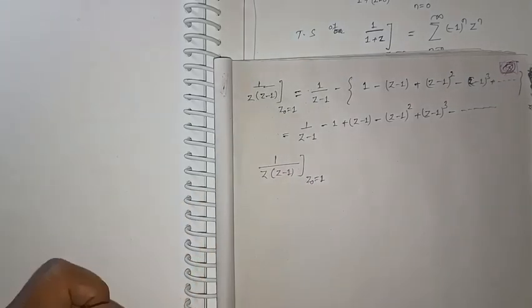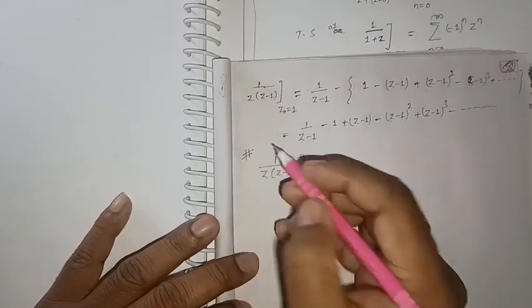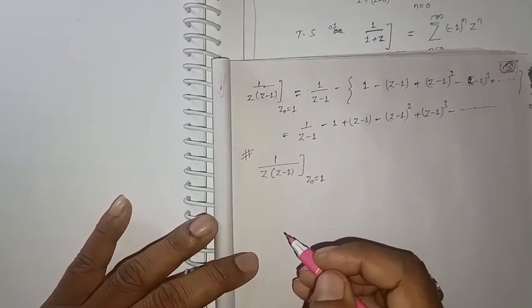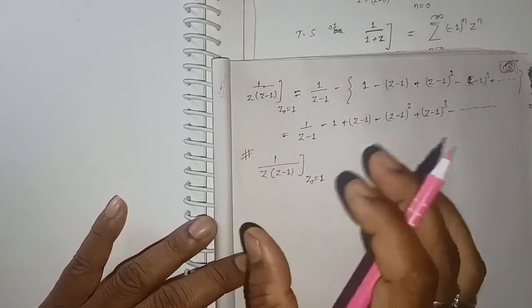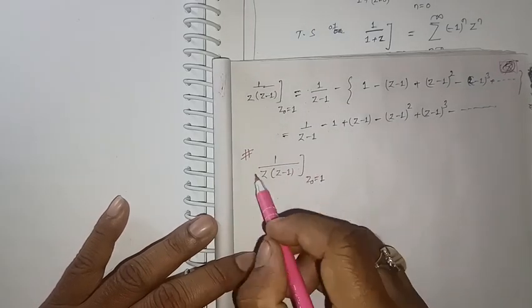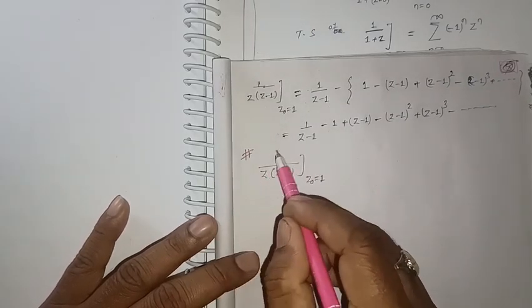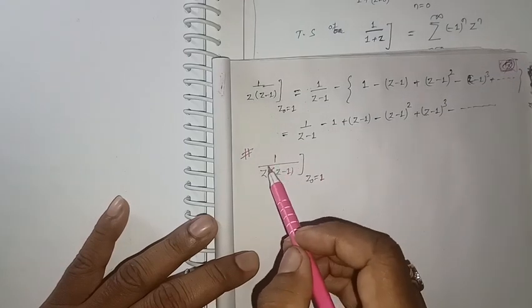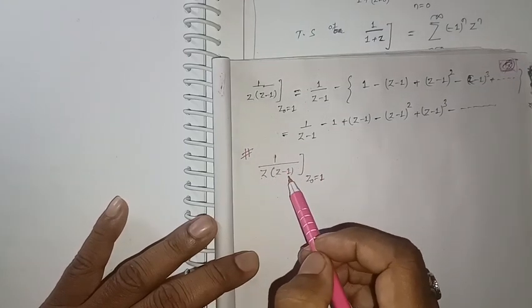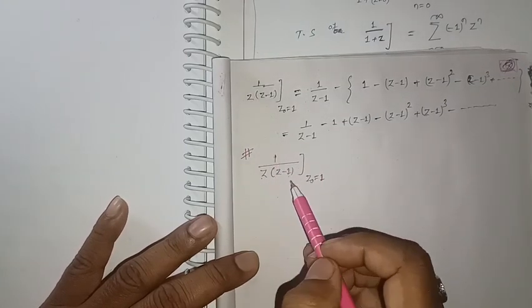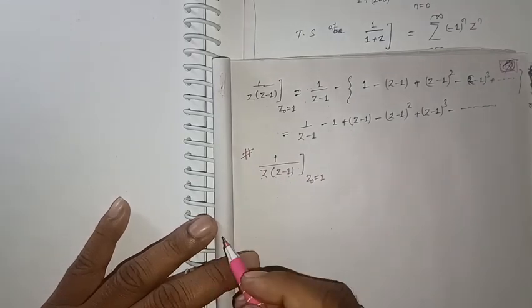So without doing partial fraction, particularly for this type of question, we can solve it in few steps. How? Here you can see, in this function, 1 by z is one function and 1 by z minus 1 is another function. For which function is z0 equal to 1 the singular point?